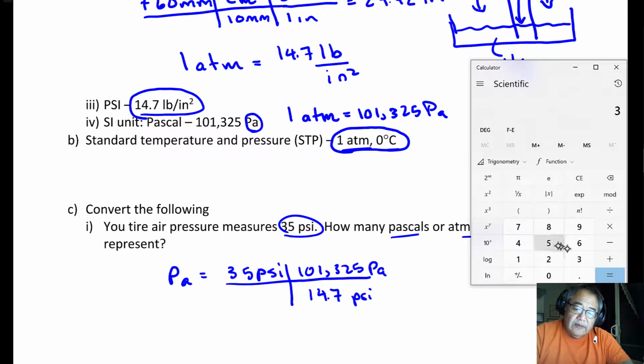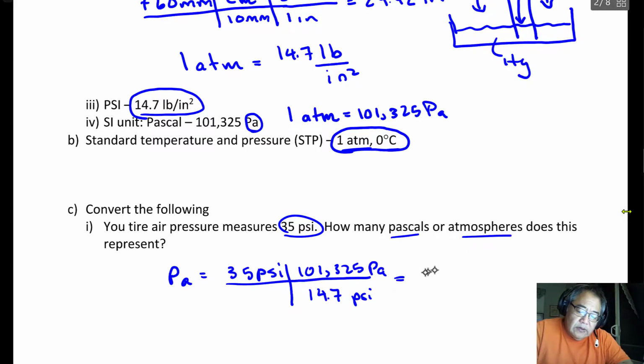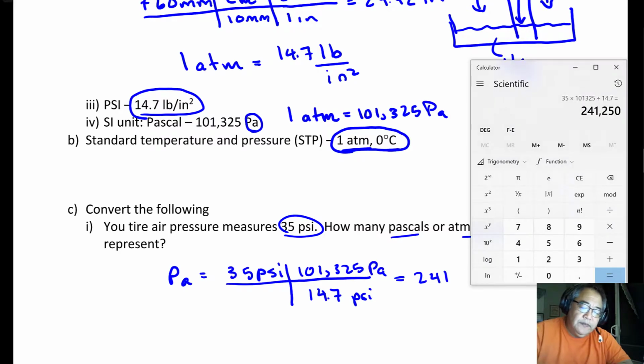So then you can just pull up your calculator and calculate that value. So 35 times 101,325 divided by 14.7, and that ends up being 241,000 pascals.